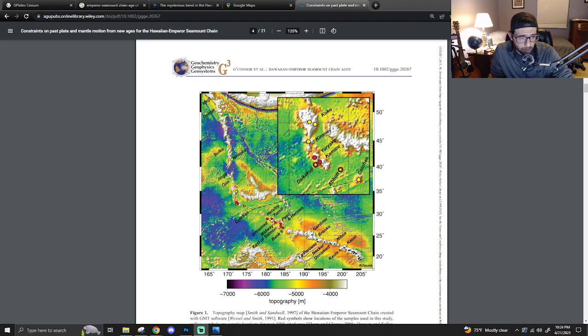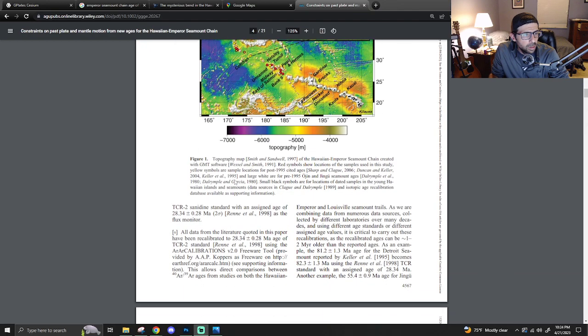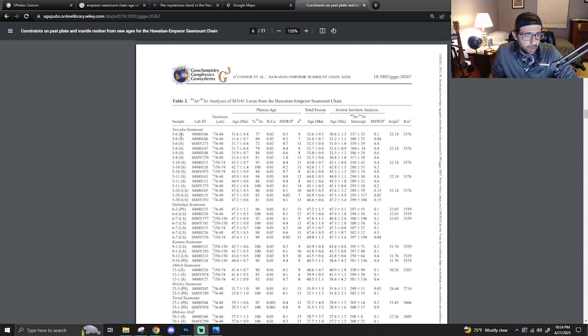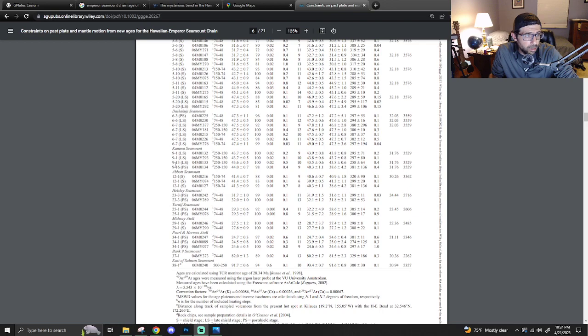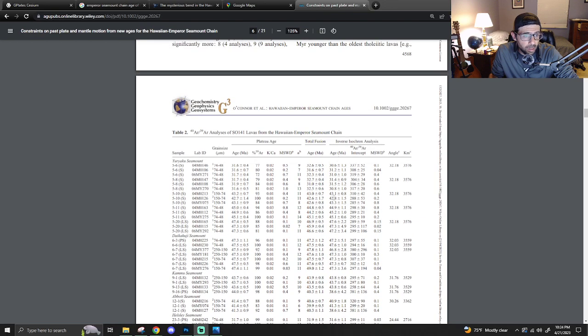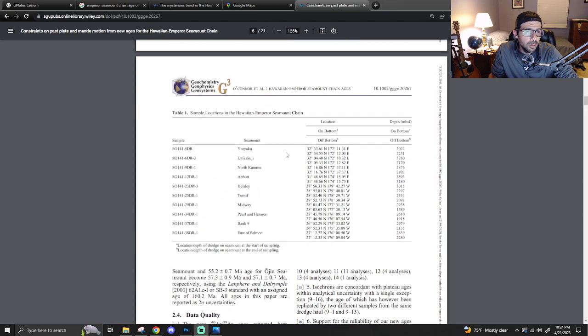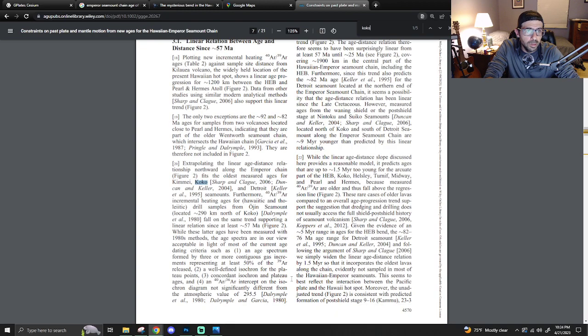Maybe from here where it goes down to here. Okay. Can we find ages for those ones? They must individually have ages. Okay. There's seamount chain. Seamount. Ages. Let's see. Koko. Let me search Koko. Oldest ages. Oldest measured ages.